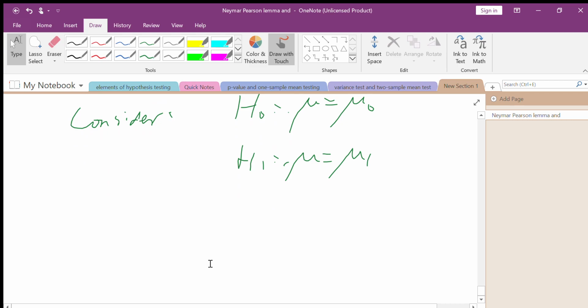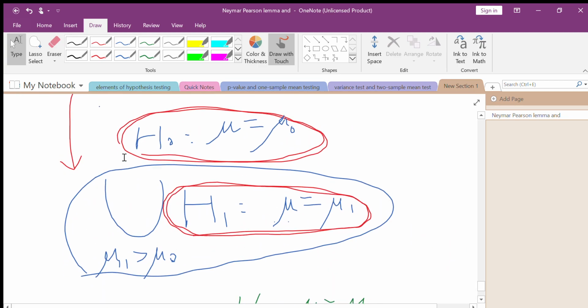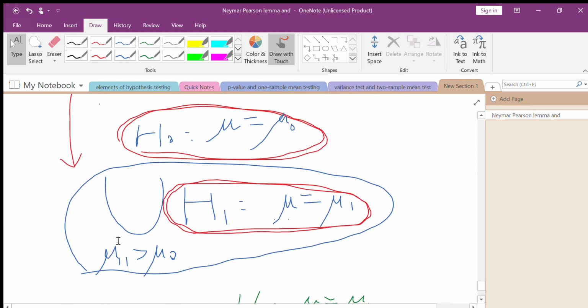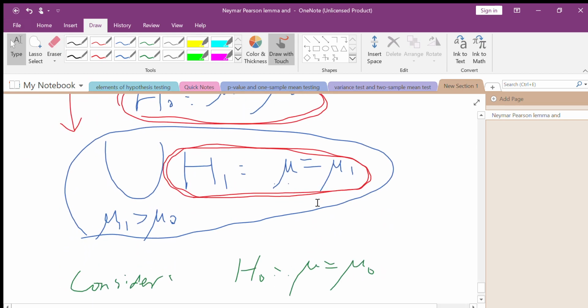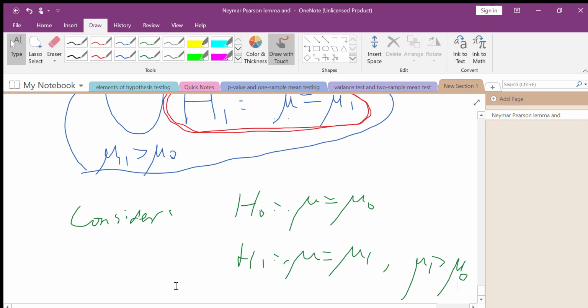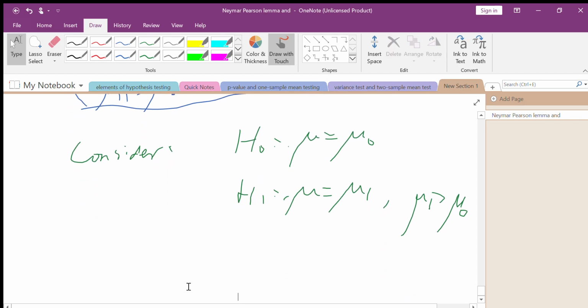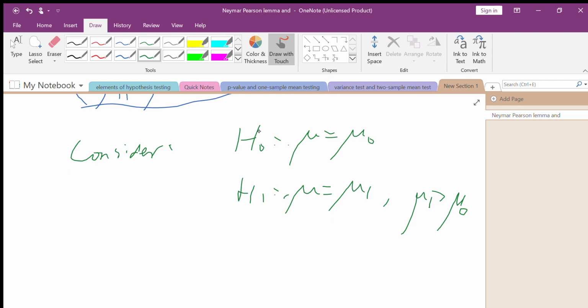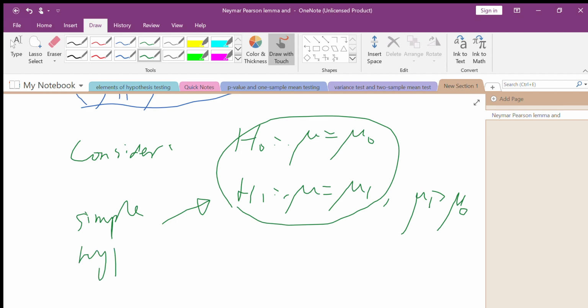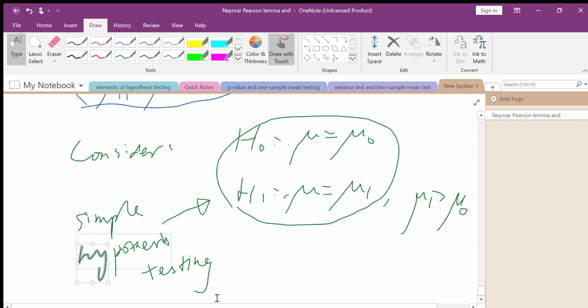As I have said, mu 1 is greater than mu 0 because of the equivalency between this original alternative hypothesis and this union of pre-specified mu 1 greater than mu 0, and this becomes a simple hypothesis testing. We can apply the NP lemma.